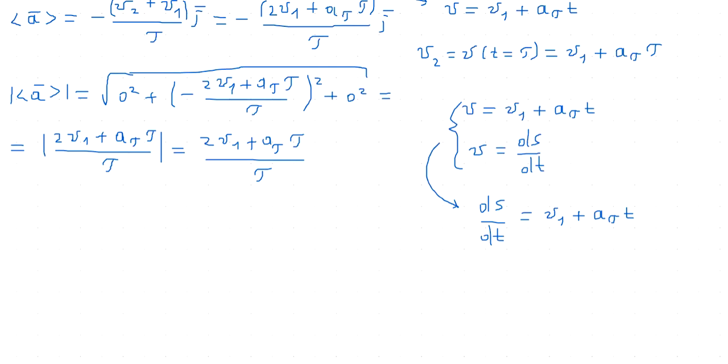It may be done by multiplying the left and right parts of the equation by dt. So ds is equal to v1 plus a tau t dt.